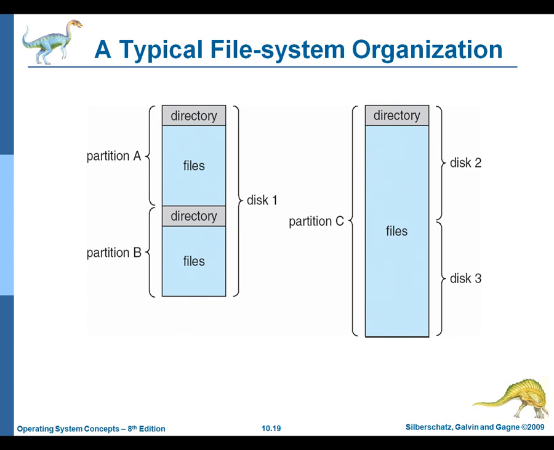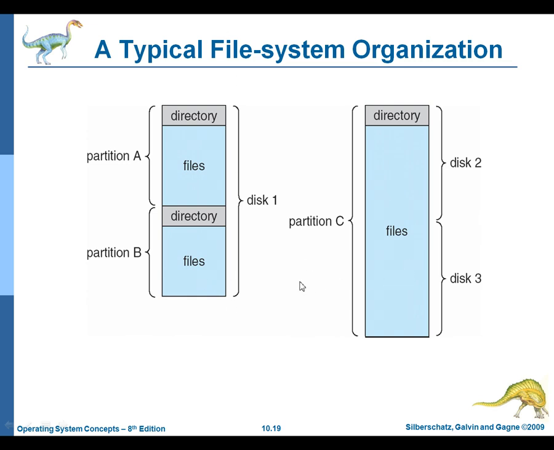As you can see, a typical file system organization. On your left side, whatever you see is a typical partitioned organization, wherein you can see partition A and partition B, and these are the directories in partition A and partition B respectively, and this is one disk.